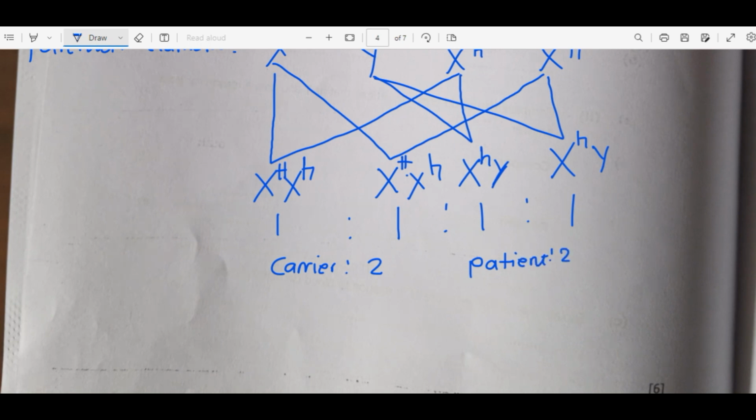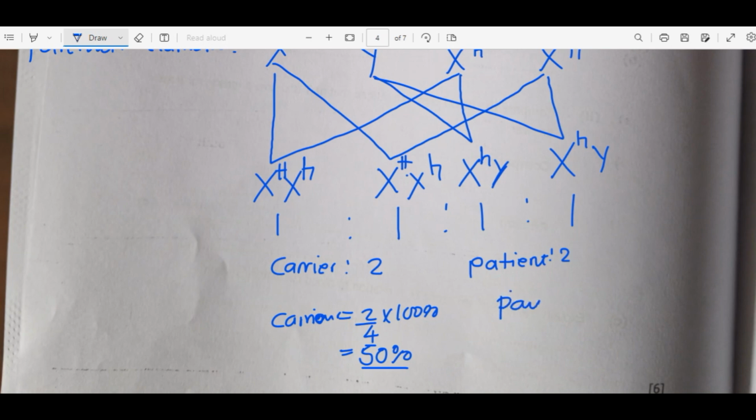If we are to find the chance for the carrier, it's 2 over 4, where 4 is the total, times 100%. So there is a 50% chance for every fertilization to result in a girl who is a carrier.